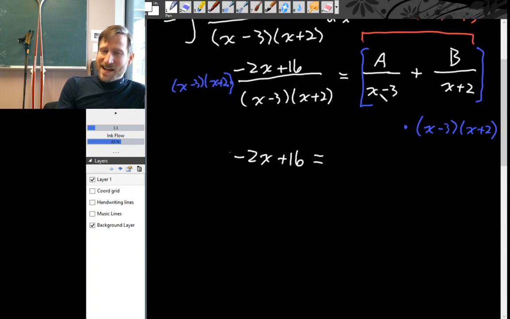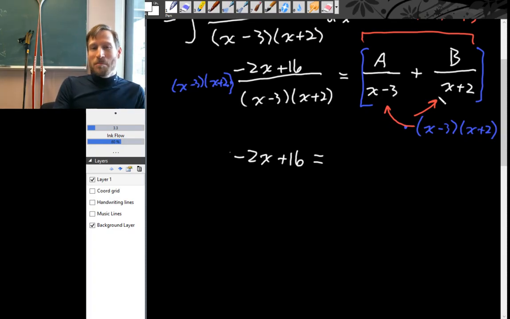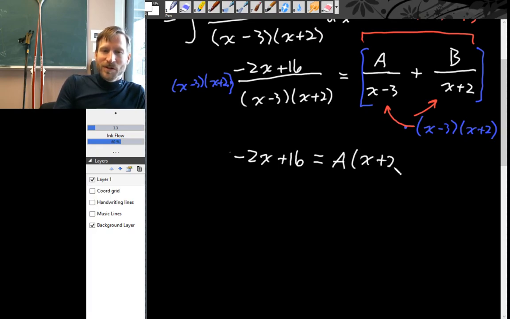On the right-hand side, you have to be a little careful. First, distribute the thing that we're multiplying by to each piece. In each term, part of the expression we're distributing cancels, but not the whole thing. In the first term, the x minus 3 cancels, so we get A times x plus 2. In the second term, the x plus 2 cancels, and we get B times x minus 3.